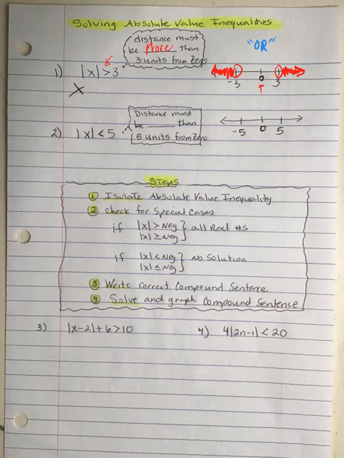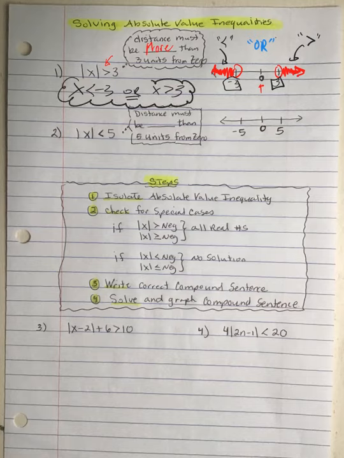So we're going to say all the numbers that are to the left or less than -3, or, right, got to have the or in there, or all the numbers that are to the right or greater than +3. And this is all the numbers that are going to be more than 3 units from 0. It matches that graph. Now let's look at number 2.